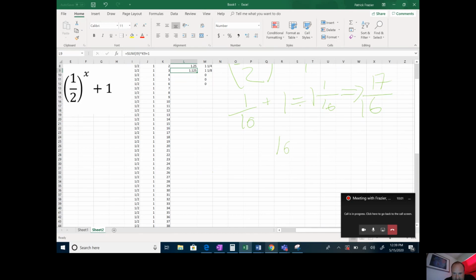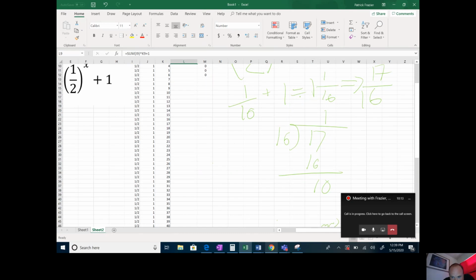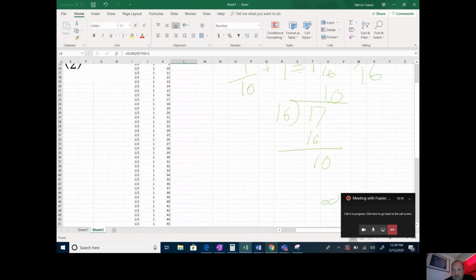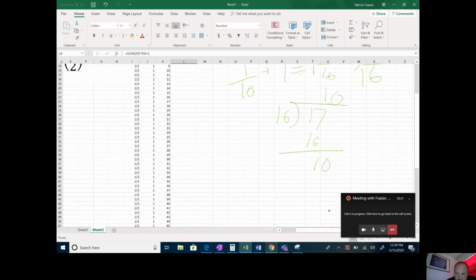So 16 goes into 17 one time. 16 times 1 is 16. And then 17 minus 16 is 1. Bring down the 0. 16 does not go into 10. So we're going to have to bring this down to 100.